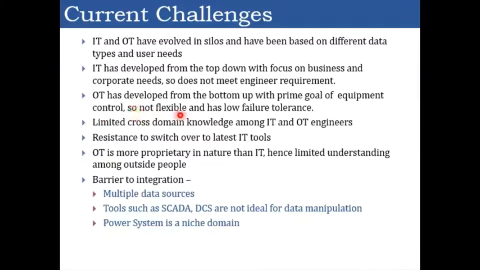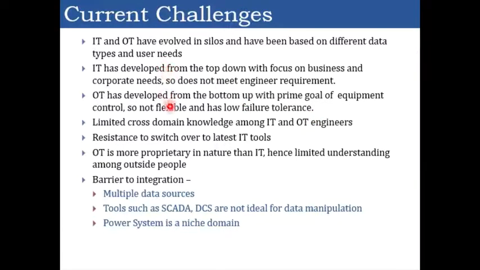It is not as flexible as we see in information technology. And the importance of operational technology is that it has low failure tolerance, because you cannot have frequent errors in the system. Otherwise, it will be very difficult to operate the systems.